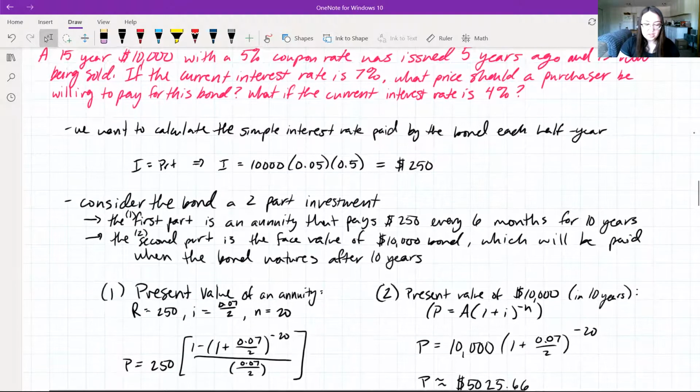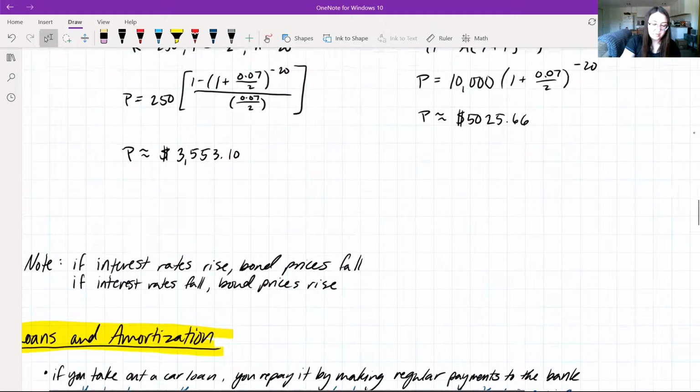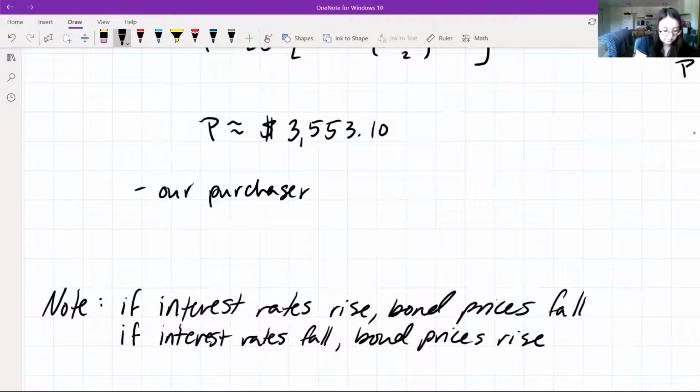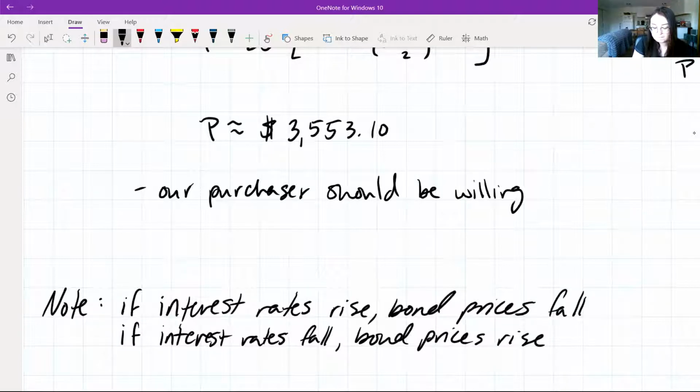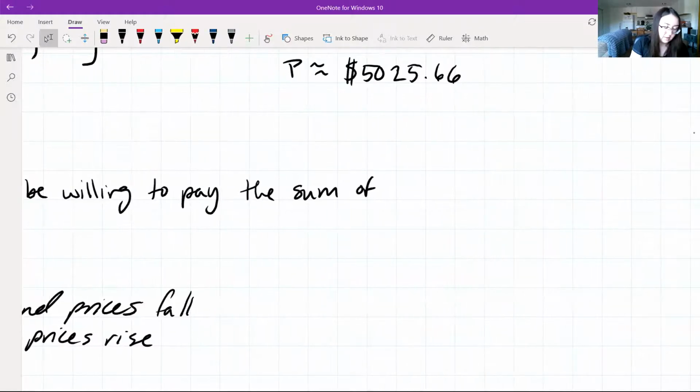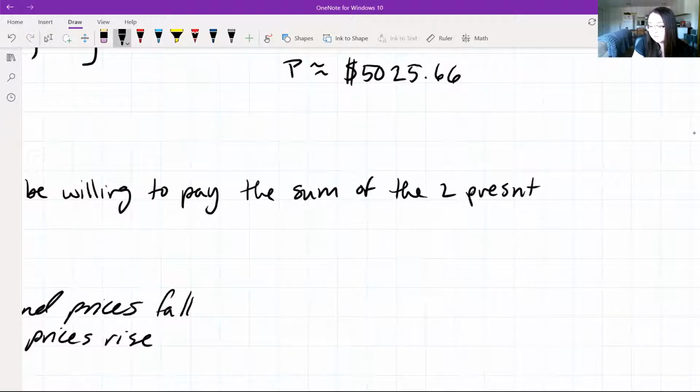So our purchaser should be willing to pay the sum of the two present values.